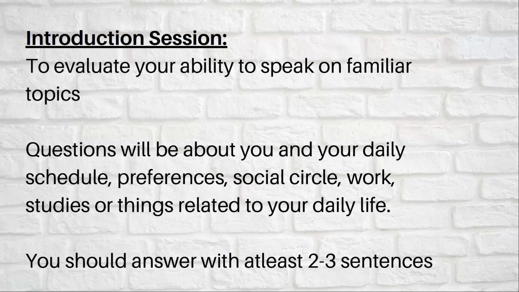It can also be about something as simple as gazing out of the window. It can be about nature or what you like to do, what you don't like to do. They are relatively easier questions, and you should answer them with at least 2 or 3 sentences.